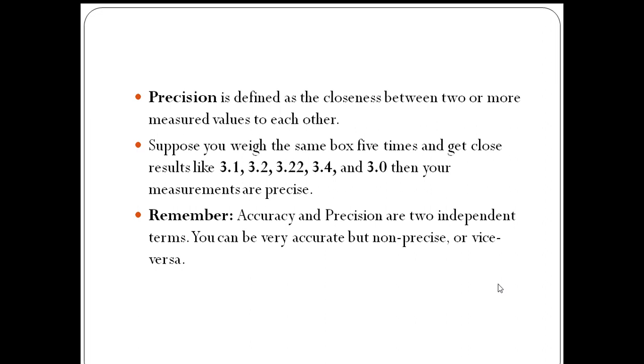So 3.1 is closer to 3.2, and 3.2 is closer to 3.22. Similarly, 3.22 is almost closer to 3.4. So all these readings are close, and that's why we may tell the measurement is precise.